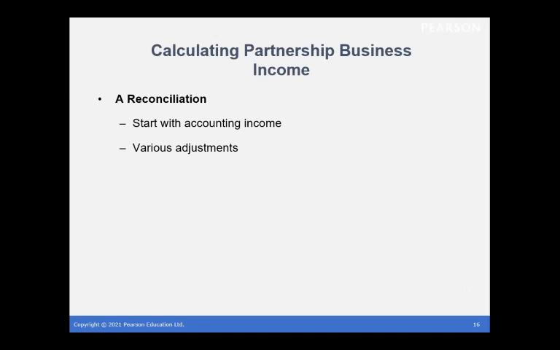So how do we do this? We've got ourselves a nice little reconciliation. We're into number crunching with the partnership stuff, and we're back to our reconciliations, like we've done before for income, but we're doing a special reconciliation here for partnerships. So we once again start with accounting income. You're going to have a set of financial statements for the partnership. That's the entity that's operating the business.